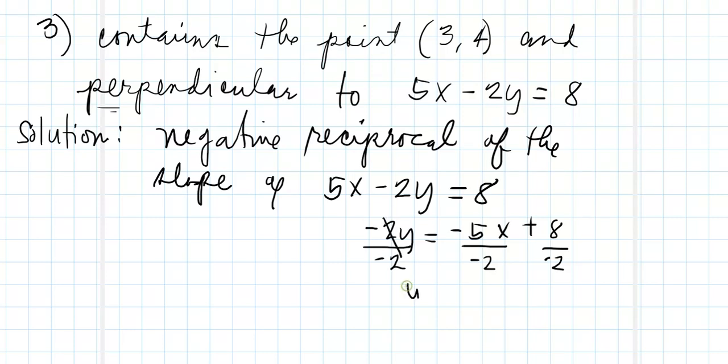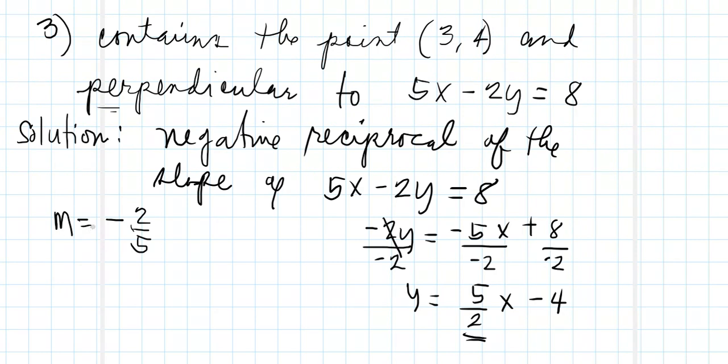So y is equal to 5 halves x minus 4. Hence, the required slope is the negative reciprocal of m, so the negative reciprocal is negative 2/5 because it is perpendicular.